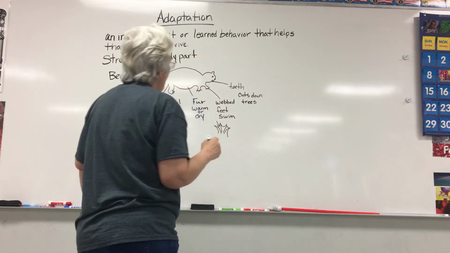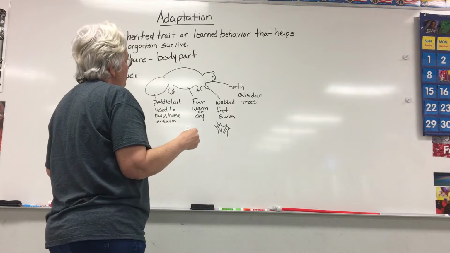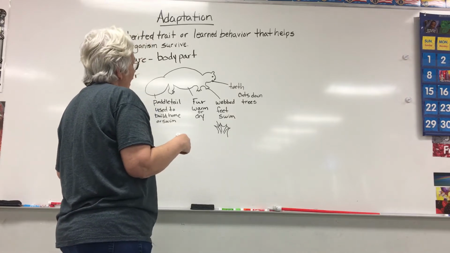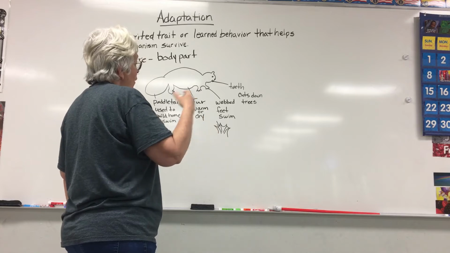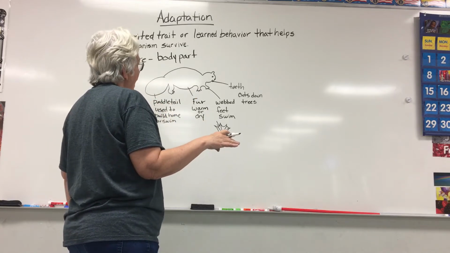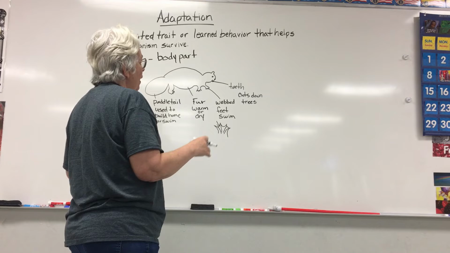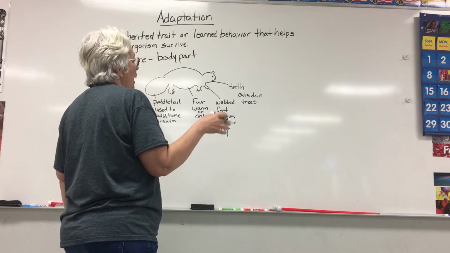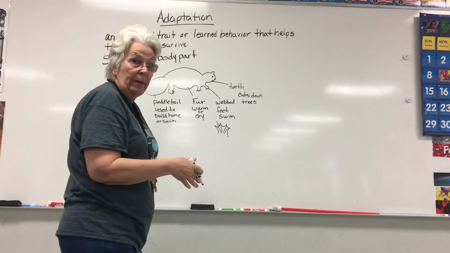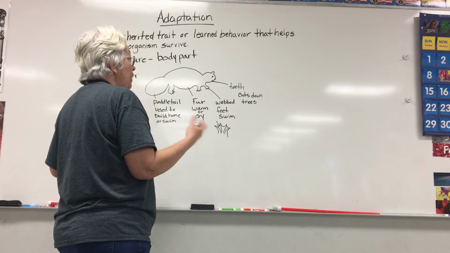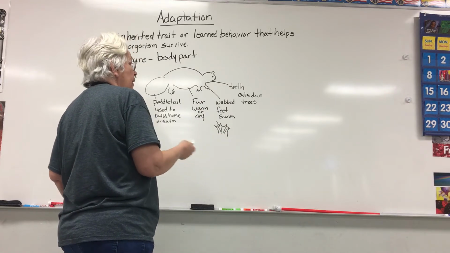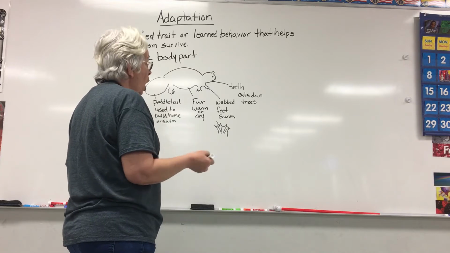Now, the whole idea on a beaver is to live in a pond, and he has to have water. And so it may be a creek or something, and he wants to make the creek into a pond, and so he cuts down these trees and he drags them over and he builds a dam, and that backs the water up, and now he has a nice little pond. And then he also uses those teeth to cut down things to build his home.